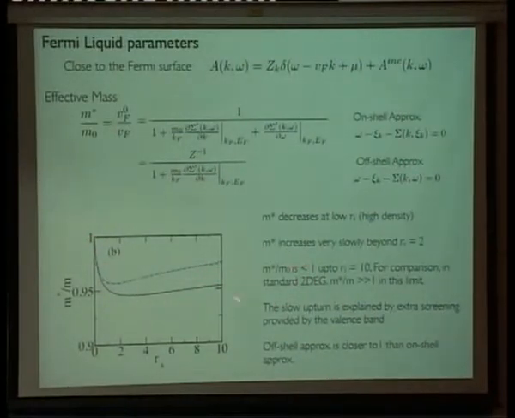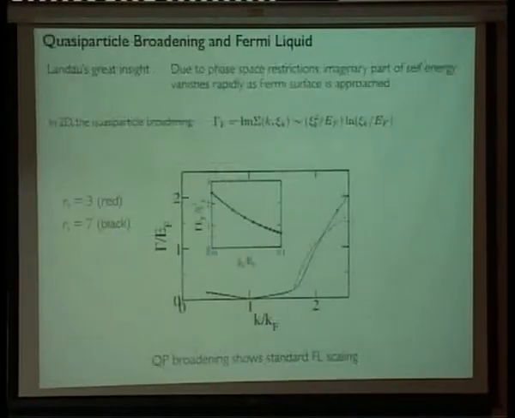And then it's slowly creeping up. So basically, even at rs equal to 10, this remains a very weakly interacting system. If you compare with 2D electron gases, around rs equal to 3 or 4 or something, it will start shooting up, and that would give you some sort of divergence and Wigner crystallization.